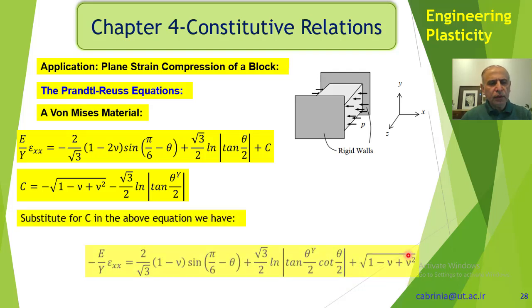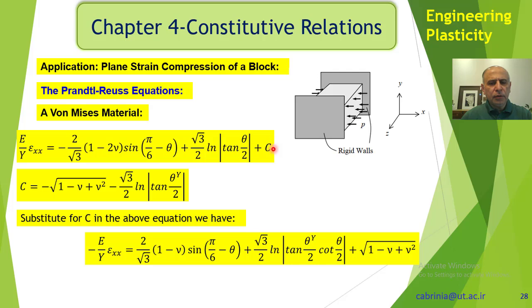Having found the constant of integration, I just substitute it here and get this value. Okay, so I obtained a relationship for epsilon xx at the first yield.